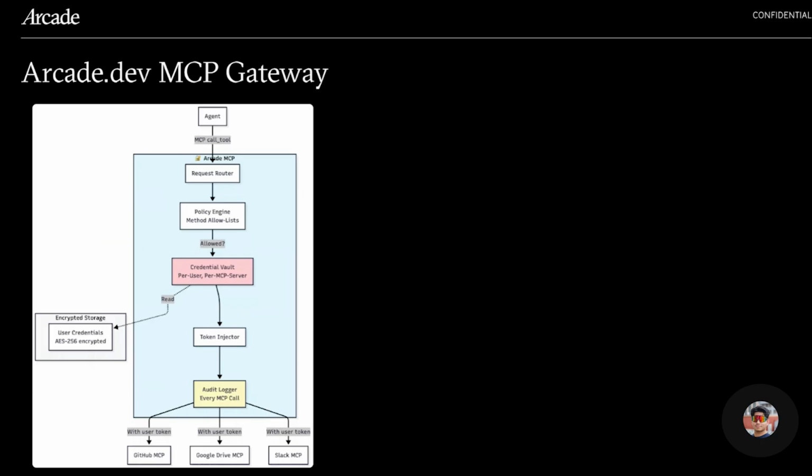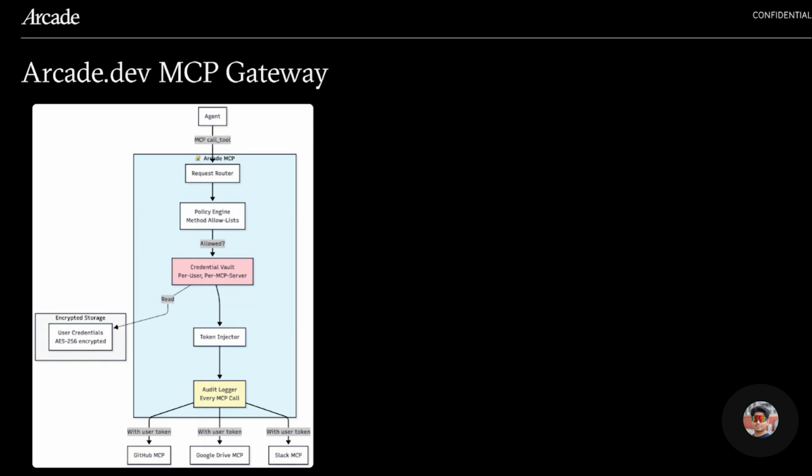At runtime for the MCP tools, Arcade injects a user token, and Arcade, because it is outside of the agent loop itself, and it is also outside of the MCP server and the inference plane, is able to intercept the requests that the LLM is making.